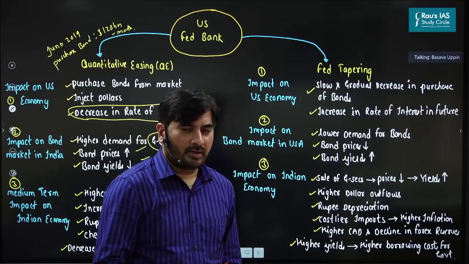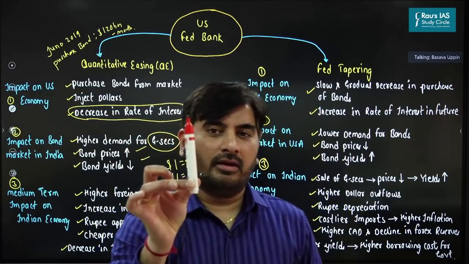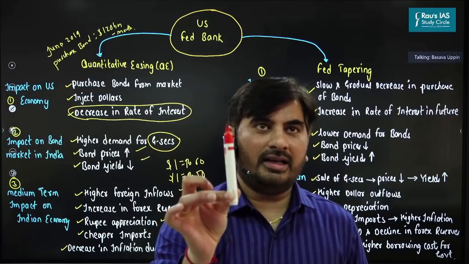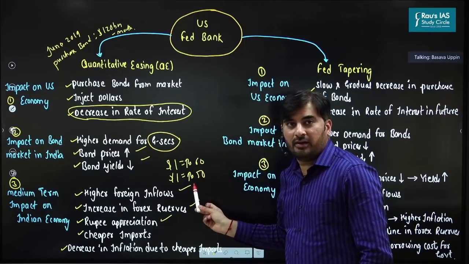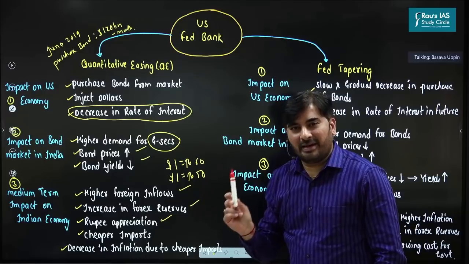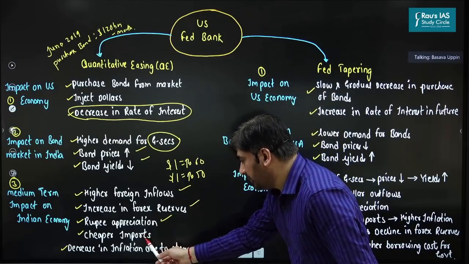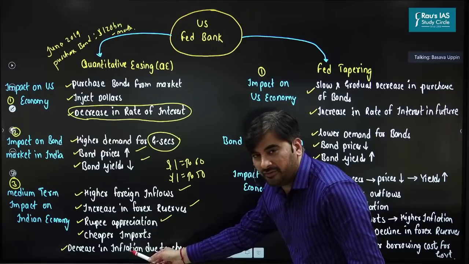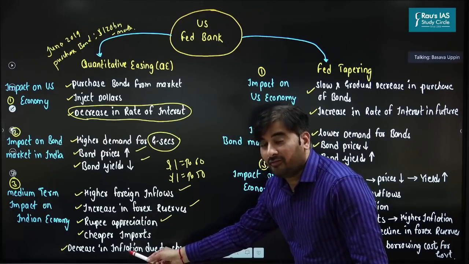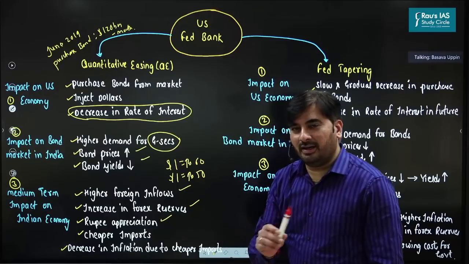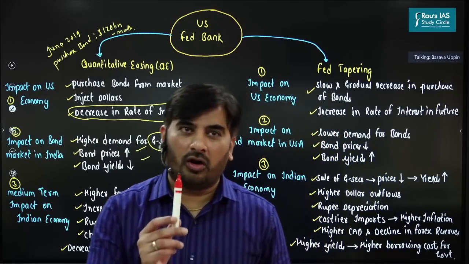What does this mean? Now let's say I'm importing this marker worth $1 from US. Earlier, how much was I paying? I was paying 60 rupees. Now how much money will I pay? 50 rupees. So can I say my imports have become cheaper? If my imports have become cheaper, can I say my rate of inflation in the economy will also reduce? Why? We know India is majorly an import dependent country, wherein we are majorly importing crude oil.